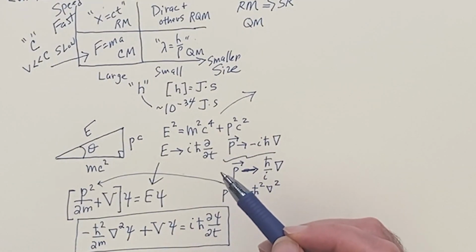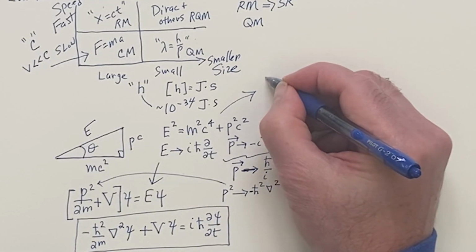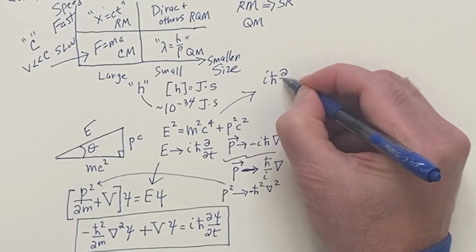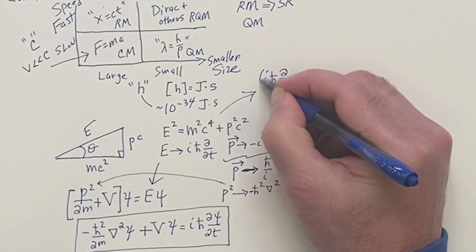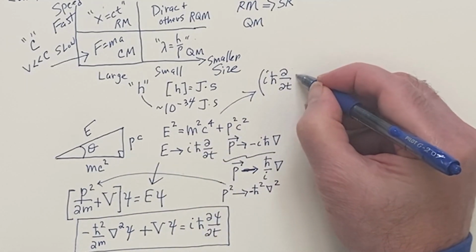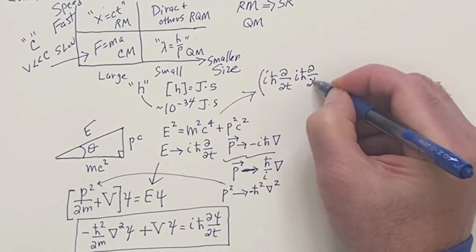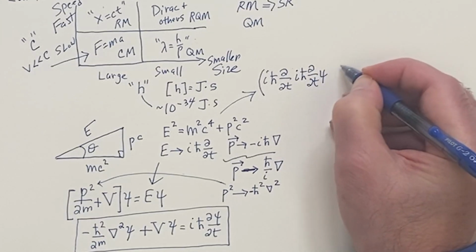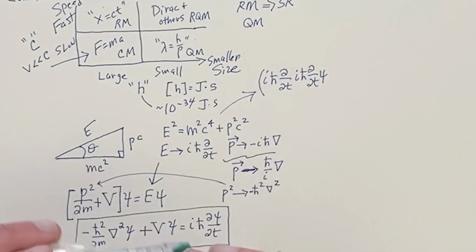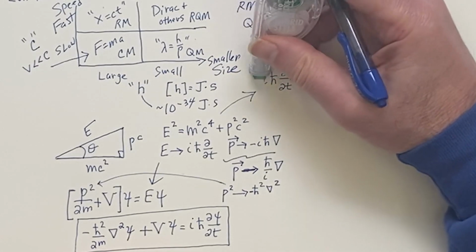So if we do that, then we'll have for the E, i h bar, the partial with respect to t. And since you're going to square it, that means we're going to apply it twice, like this. You really don't need that parentheses there. I'm going to take that out.